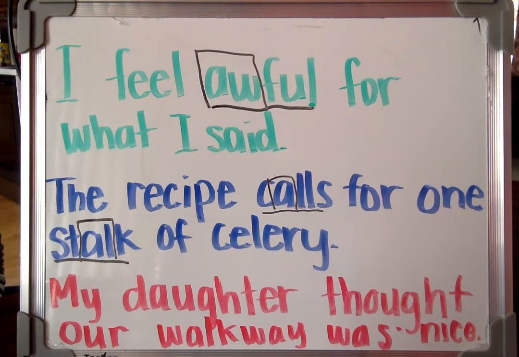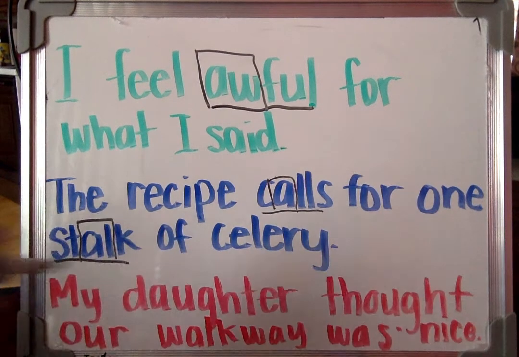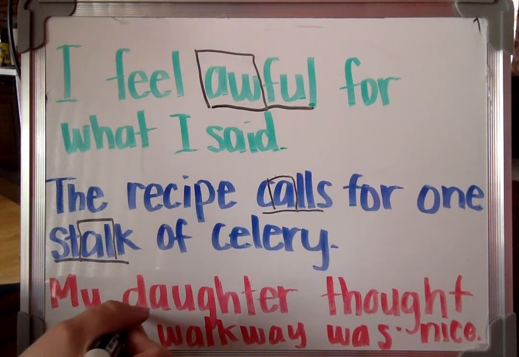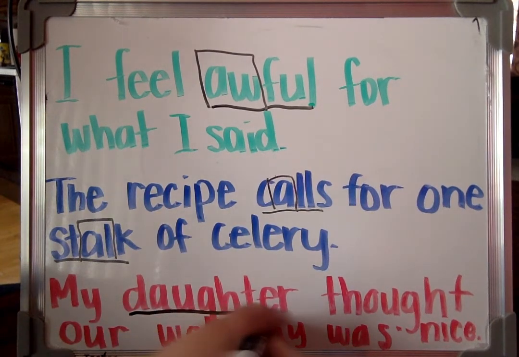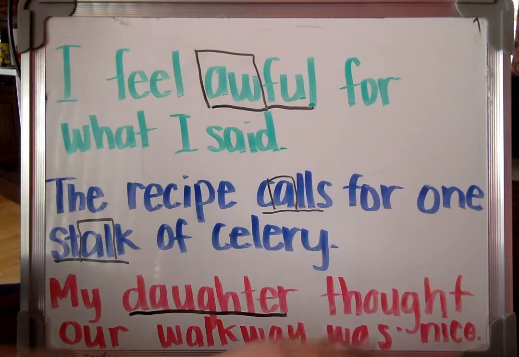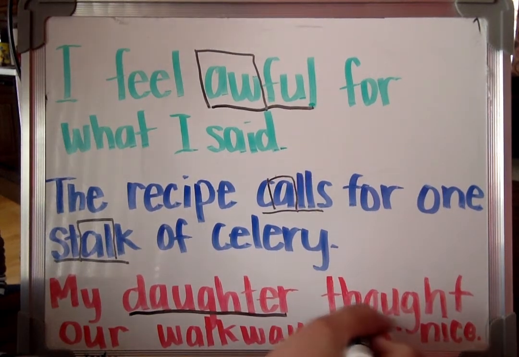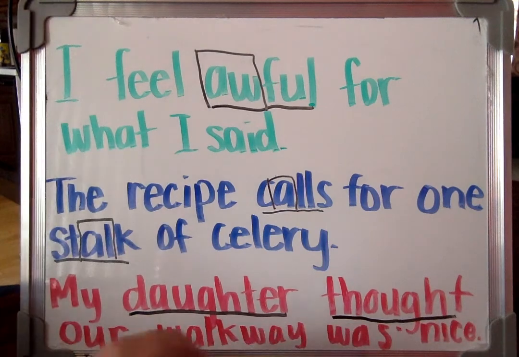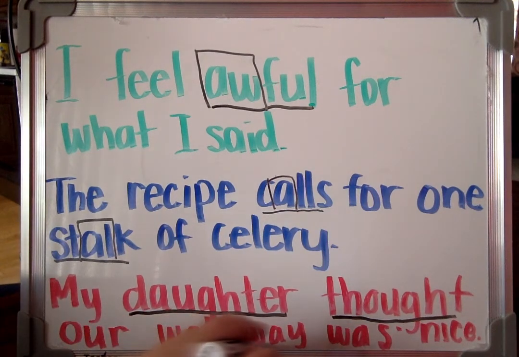Okay, last one, my red sentence. My daughter thought our walkway was nice. There are 3 in here. Can you find them? Okay, so the first one is daughter. The next one is thought. And the last one is walkway.